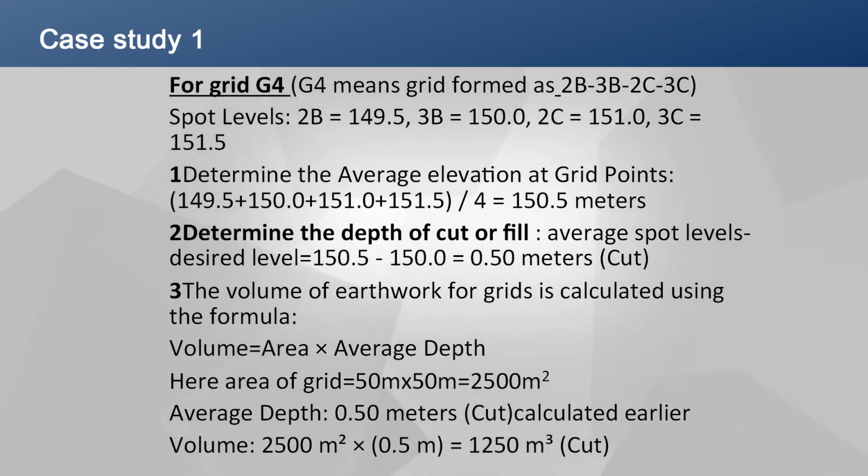So, with this we can calculate volume of earthwork as area into average depth. Area we know is 2500 square meter, average depth is 0.5 meter cutting. So, if we calculate the volume, it will come out as 1250 cubic meter of cutting.